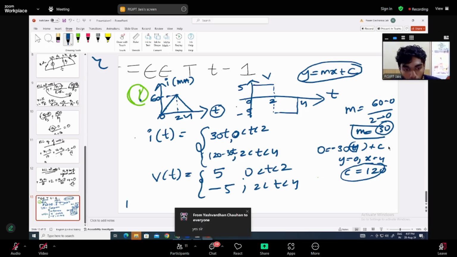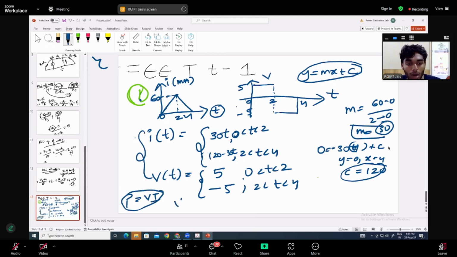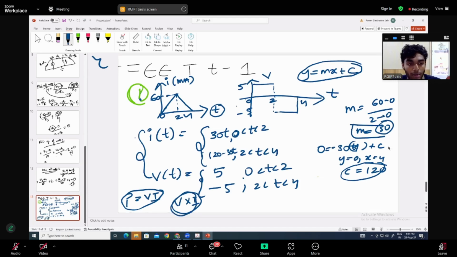So we know that power is equal to V into I. To get the same equation for power, we have to multiply the value of I into the value of V. Both of these have to be multiplied to get the value of P. So for power, we'll get 30t into 5, that is 150t, and minus 5 into 120 minus 30t, so minus 5 into minus 30t plus 150t, minus 120 into 5.